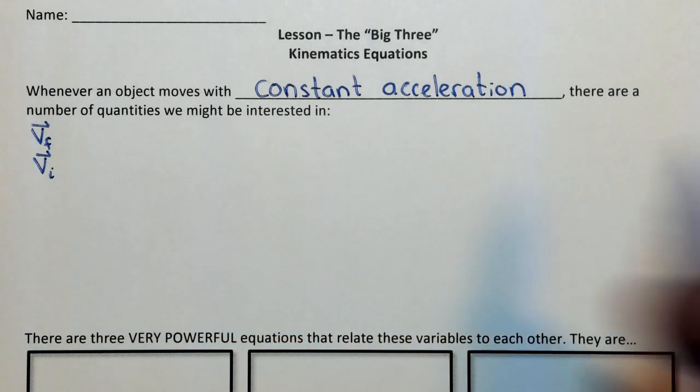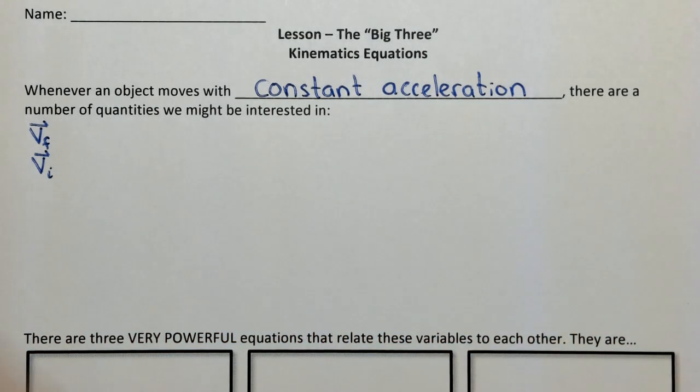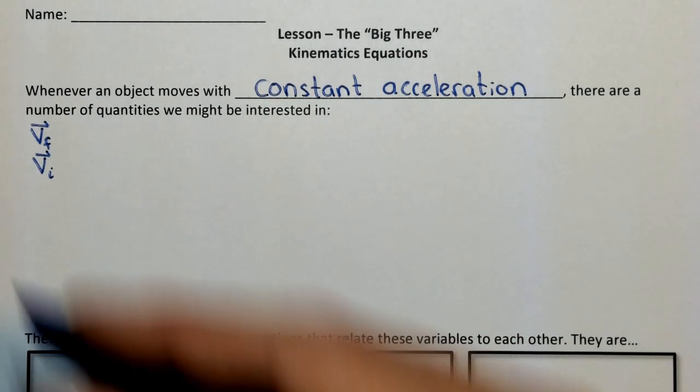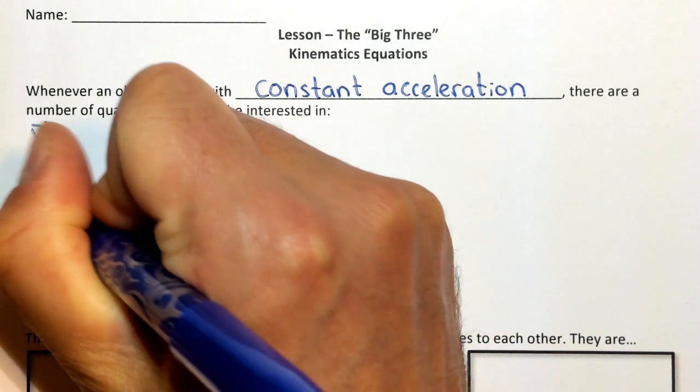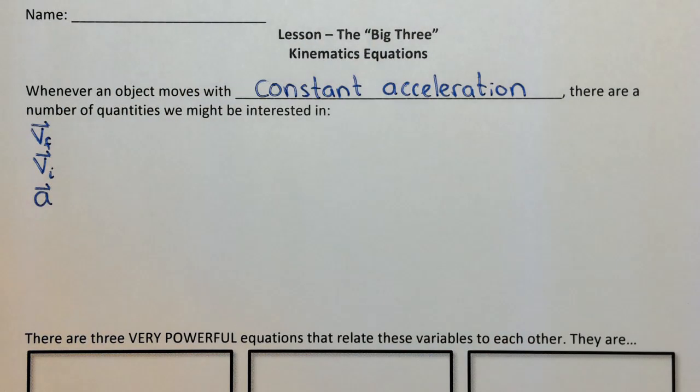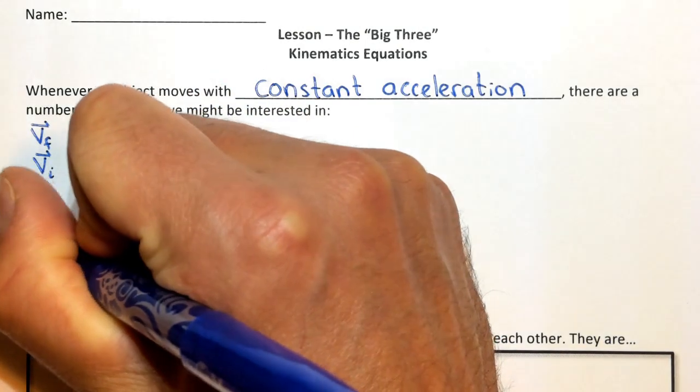If it has a constant acceleration, one of the things we could ask about it is, what is its acceleration? This object is clearly moving. How much did it move? How far did it go? What is its displacement?